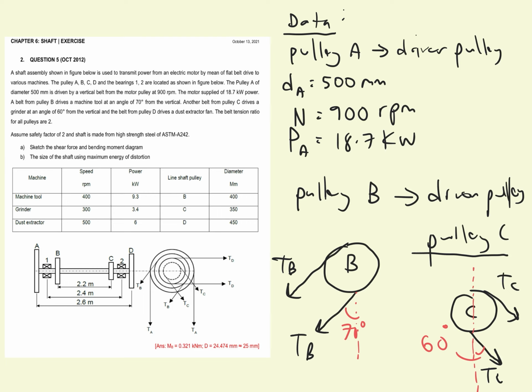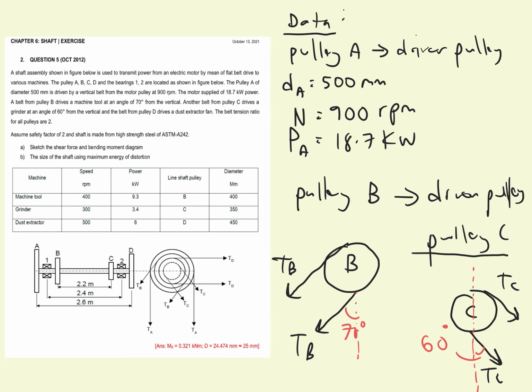Okay, now and belt from pulley D, so this is the pulley D here, then pulley D, this one is pulley D, this one, okay, and that, so this is the direction of the belt for pulley D, horizontal on the right side.